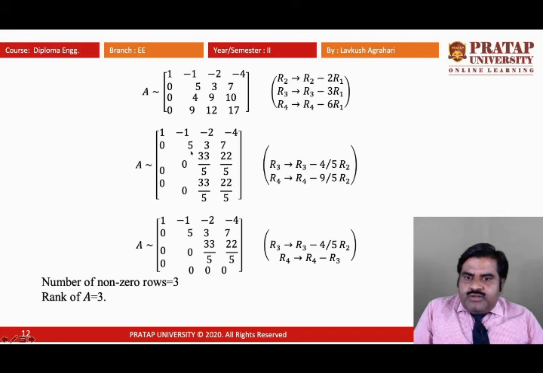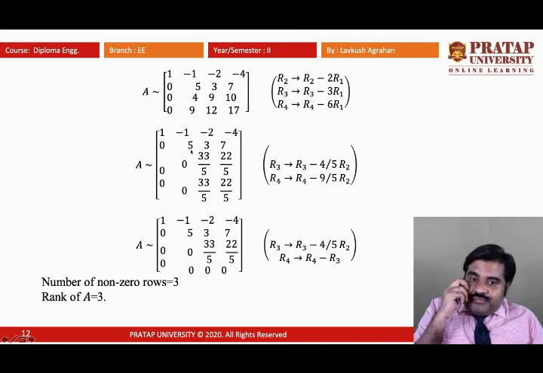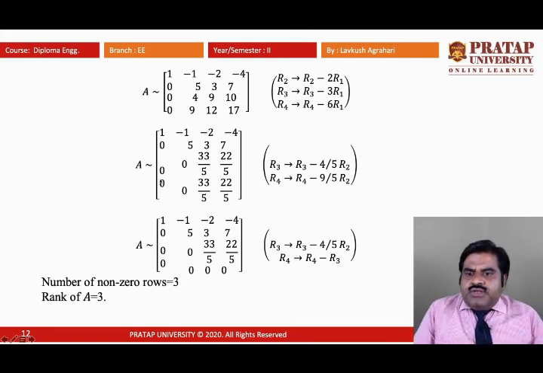Now we are moving to the second row, and these are the operations. R3 is replaced by R3 minus 4 upon 5 R2. R4 is replaced by R4 minus 9 by 5 R2. By these operations, the element A32 becomes 0, the element A33 becomes 3 by 5, and the element A34 becomes 22 by 5.